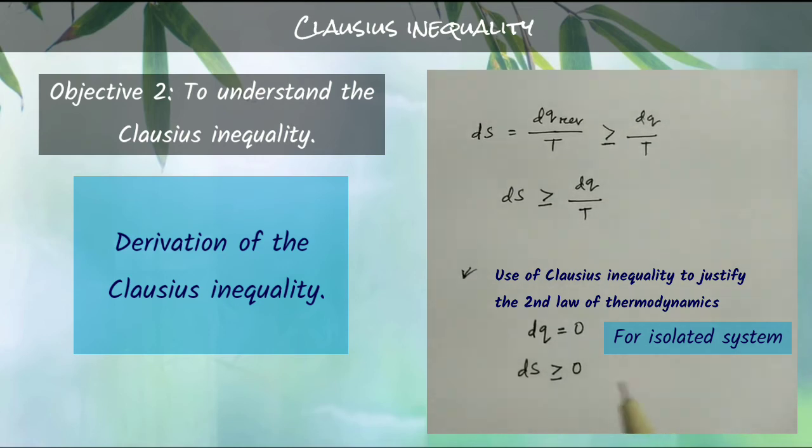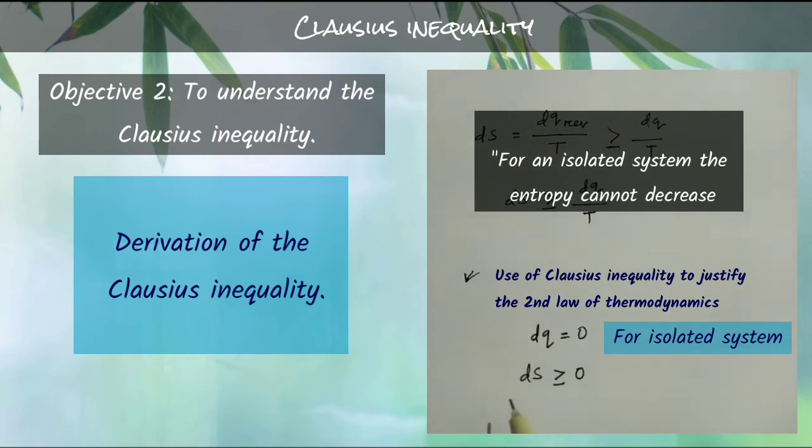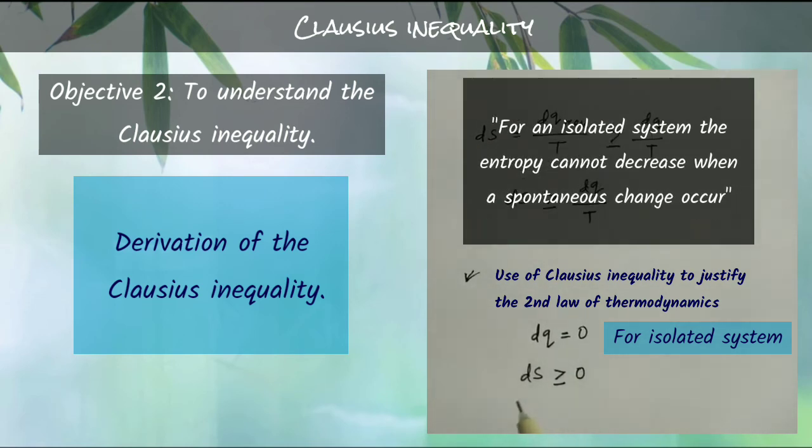We can conclude that in an isolated system the entropy cannot decrease when a spontaneous change occurs. Because dS is greater than or equal to 0, the entropy is never decreasing. This is the second law of thermodynamics. So we can justify the second law of thermodynamics by using the concept of the Clausius inequality.